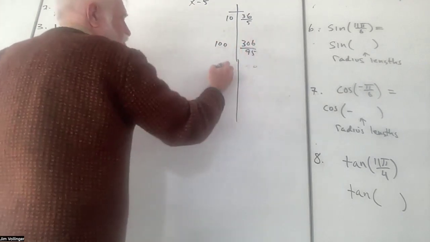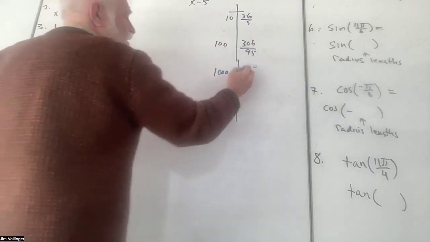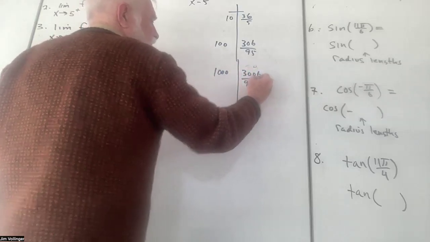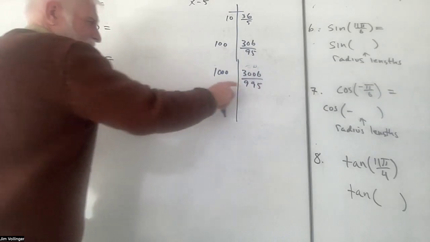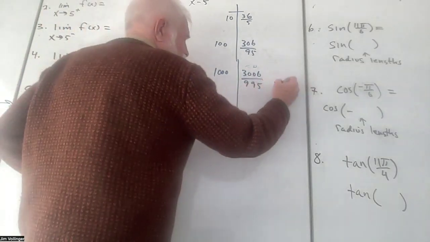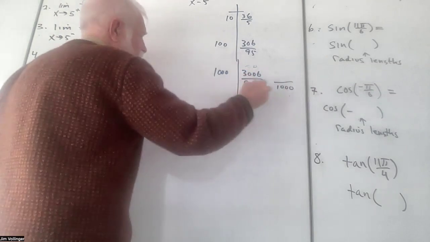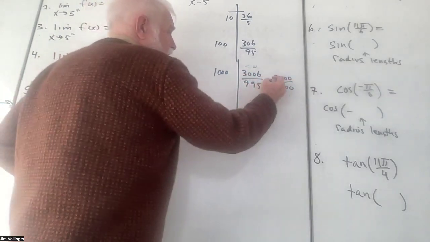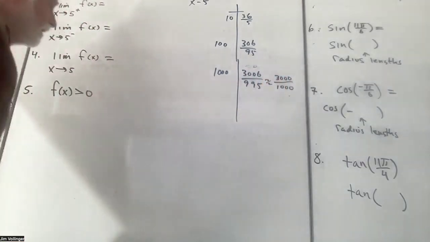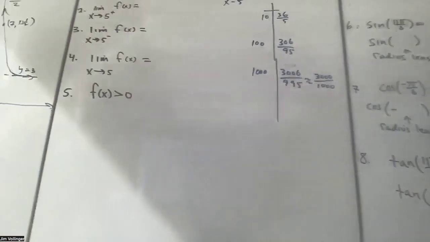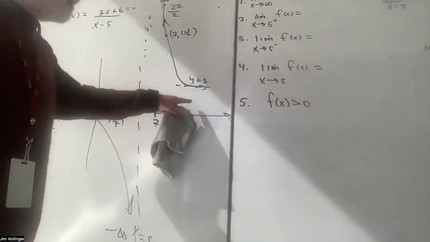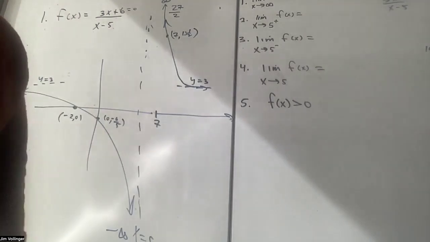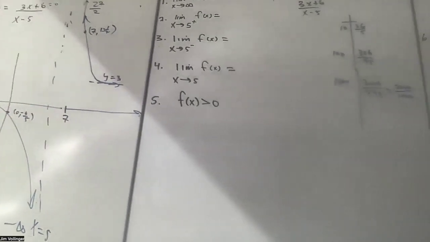How about 1,000? 1,000 gets me 3,006 divided by 995. Now let's approximate. 995 is pretty close to 1,000, and 3,006 is pretty close to 3,000. So that's approximately 3. And that's why I immediately saw the end behavior, by putting in numbers and seeing what happens.